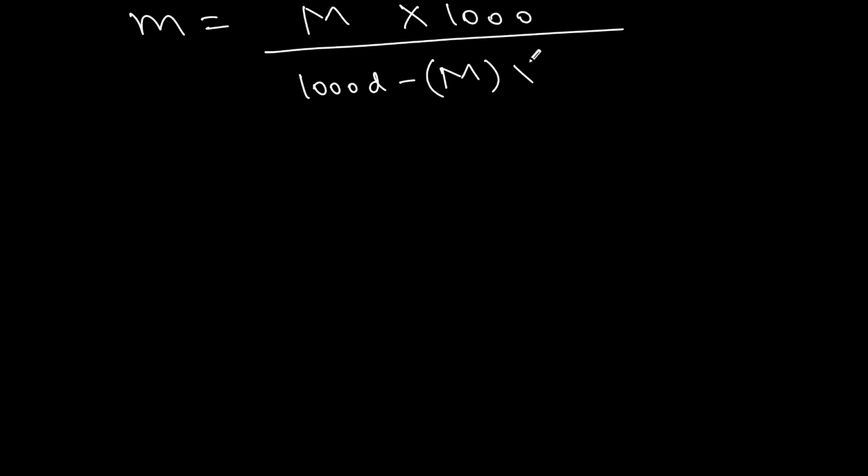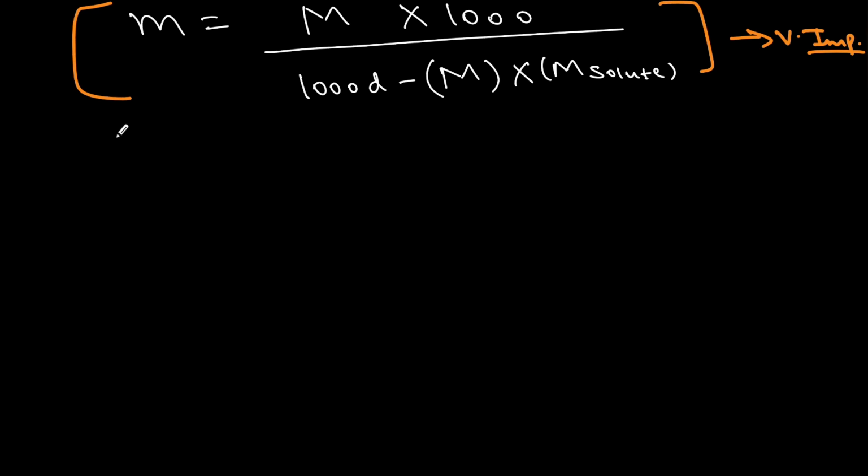So molality, which is small m, is equal to molarity times 1000 divided by 1000 d minus molarity times M solute. Simply, this is the formula you need to remember.